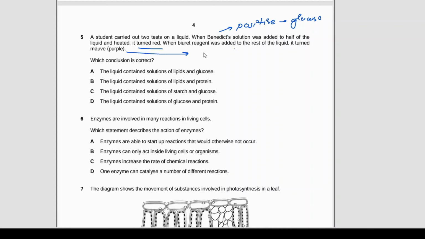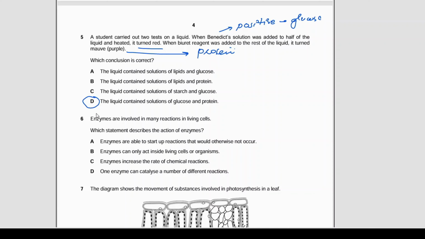It means which molecule is present? Purple, protein. Okay, so both are present, so we can say the solution contained both glucose and protein. So the answer is D.